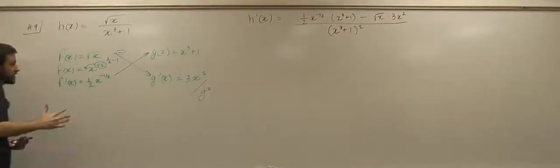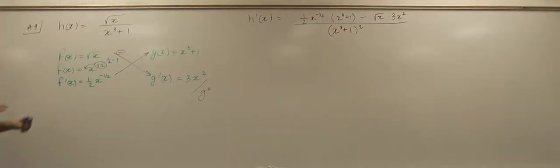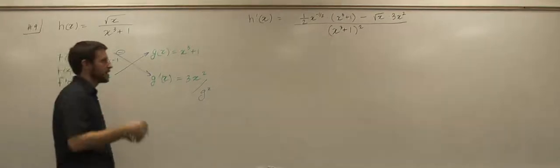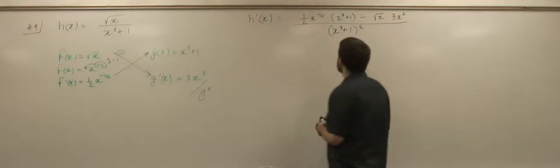So this is the derivative with no simplifications whatsoever. Although we could simplify this a little bit. Let's simplify this just so we get used to seeing some of this algebra here.